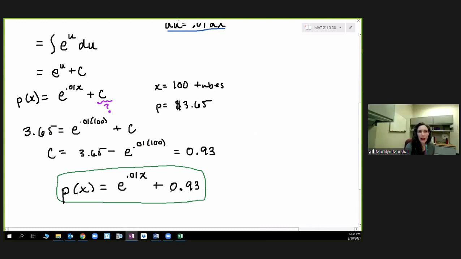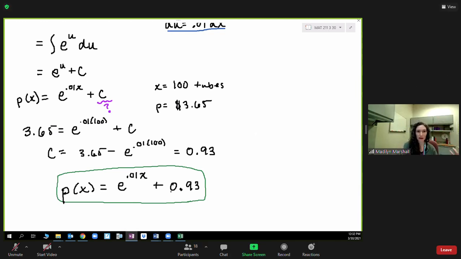So anytime we want to find an exact function, starting with its derivative and doing the integral to go back to the original function, we need a little bit more information in order to figure out what c is.